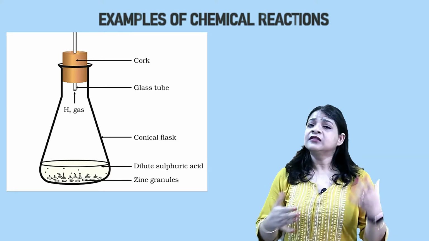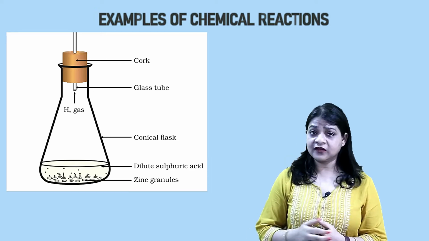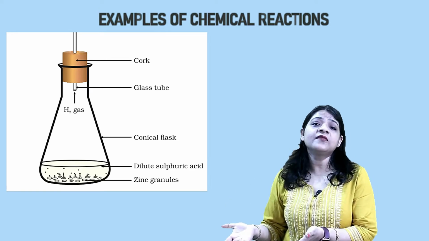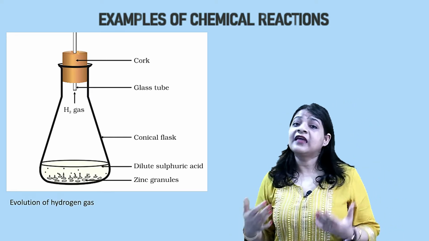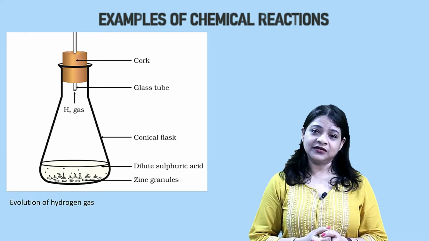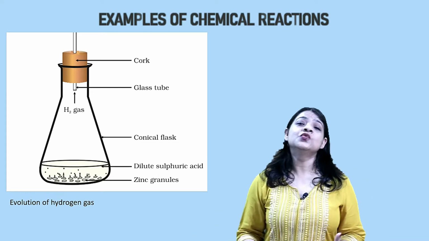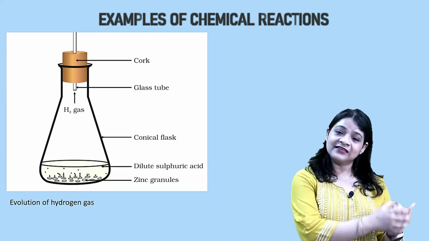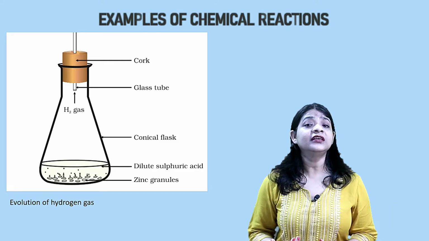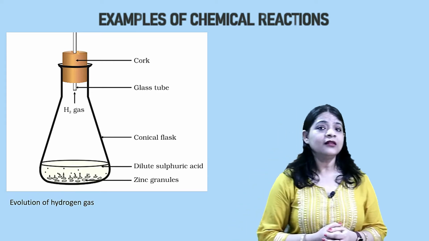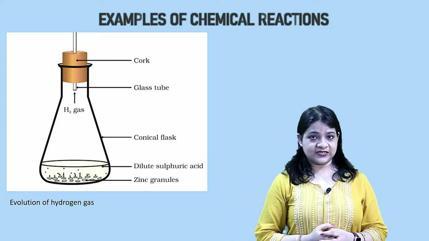So we see that the original substance that we have used, that is zinc and dilute sulfuric acid, and the newly formed substance is zinc sulfate and hydrogen gas. So we say that a chemical reaction has taken place here and thus given rise to a new substance, that is zinc sulfate and hydrogen, which has different chemical properties as well as different chemical formula or composition from that of the original substance.